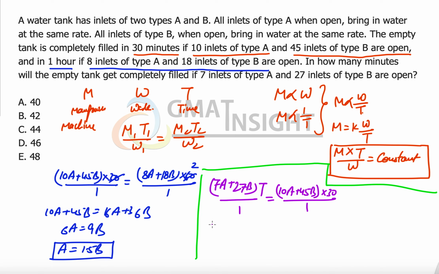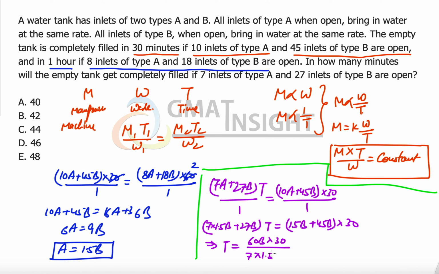So what we get here is 7 multiplied by 1.5B plus 27B, multiplied by T, is equal to, I'm substituting 1.5B, so that becomes 15B plus 45B multiplied by 30. That gives us T is equal to 60B multiplied by 30 divided by 7 times 1.5.